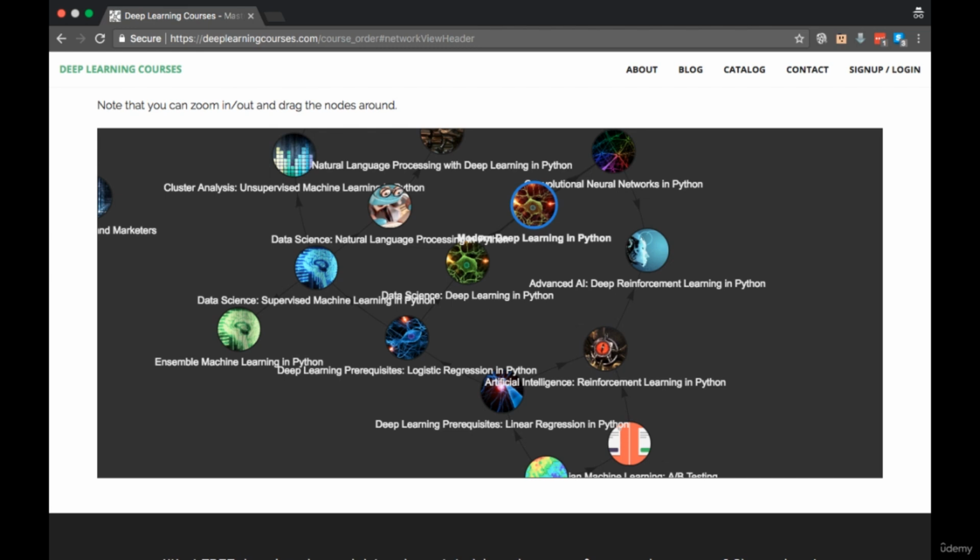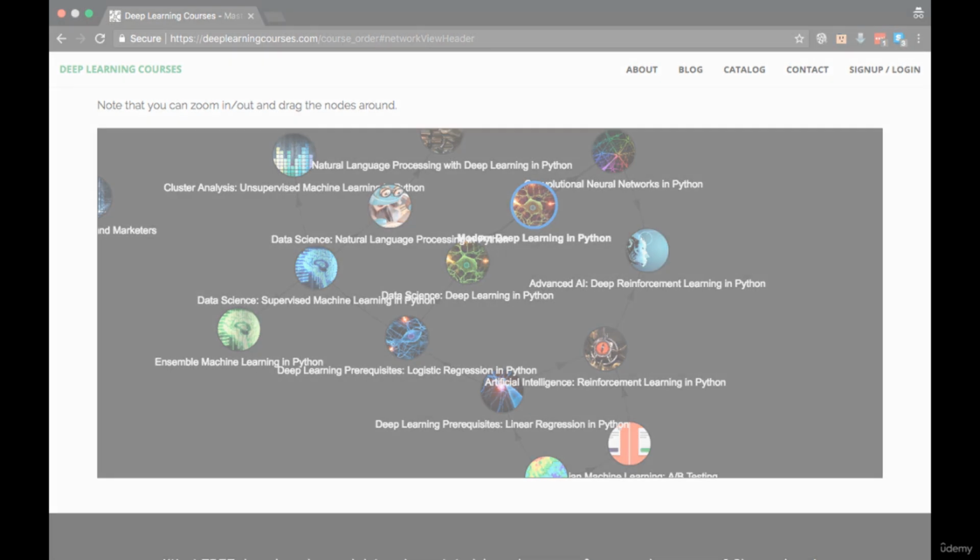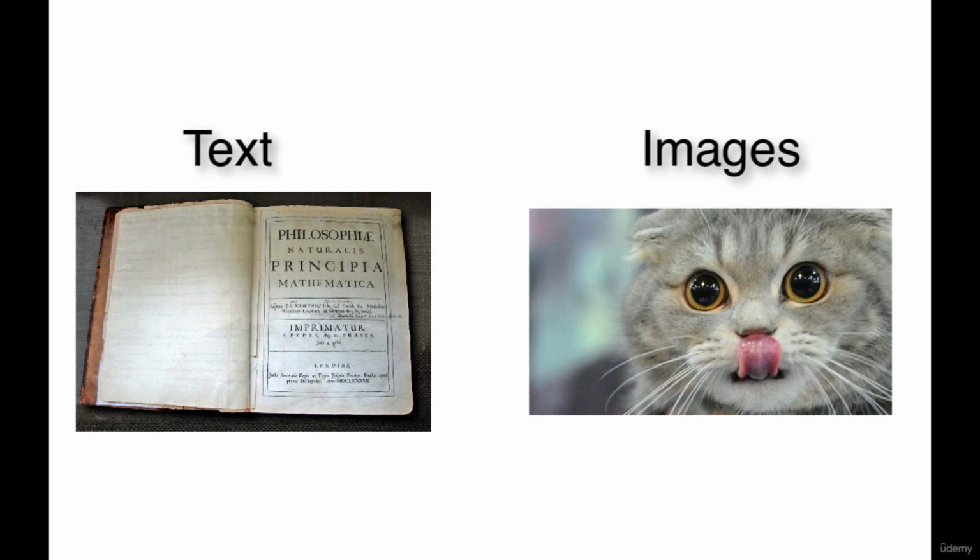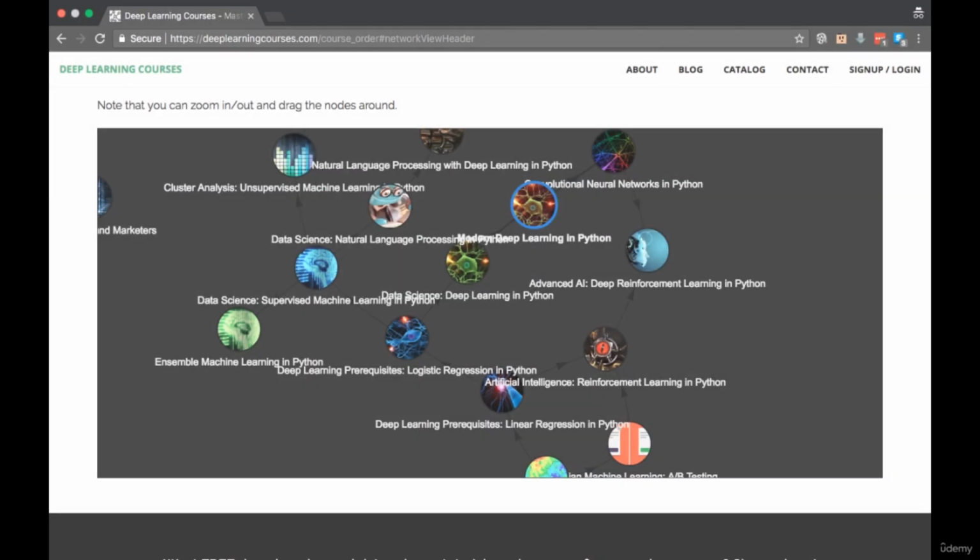Now, learning about these modern libraries sets the stage for the next level, which is applying deep learning to certain special data formats. The two fundamental types of data are text and images. These are special because they have unique structural properties, and we can make use of our knowledge of those properties in order to build better neural networks.